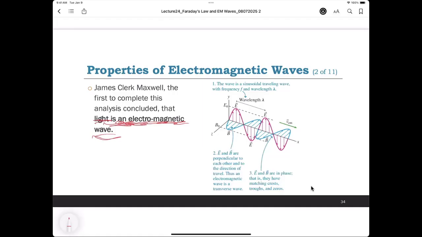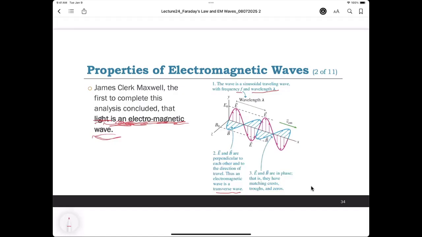You can see this is how Maxwell found that. The light wave is a sinusoidal traveling wave with frequency f and wavelength lambda. And here E and B are perpendicular to each other and to the direction of travel. Thus, an electromagnetic wave is a transverse wave.